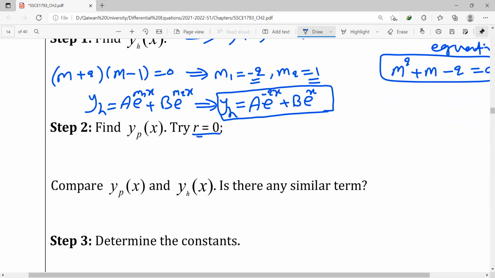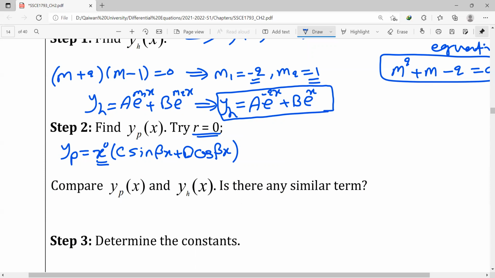Here, for r to be 0, we say yp equals x to the power 0 times c sine beta x plus d cosine beta x. Here, what's beta?